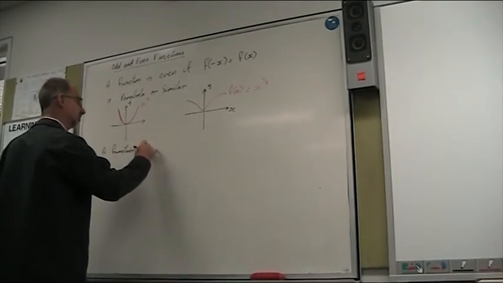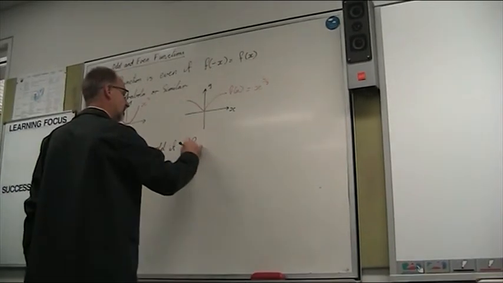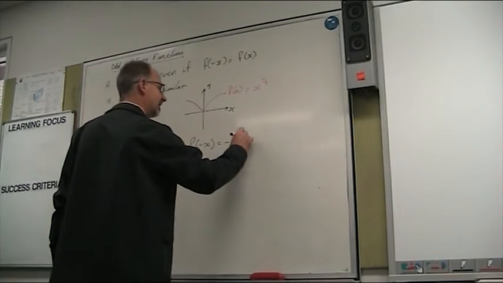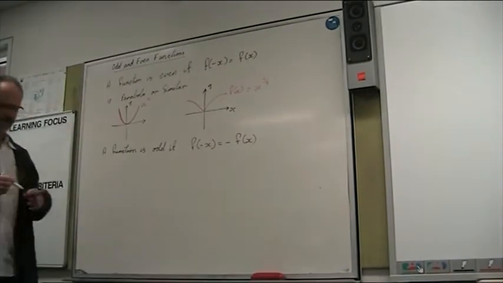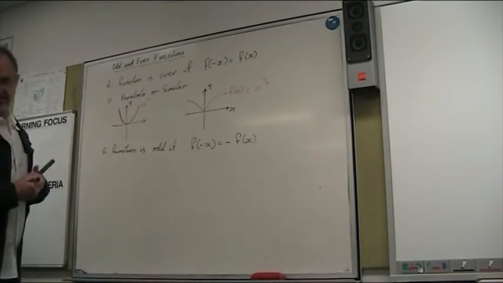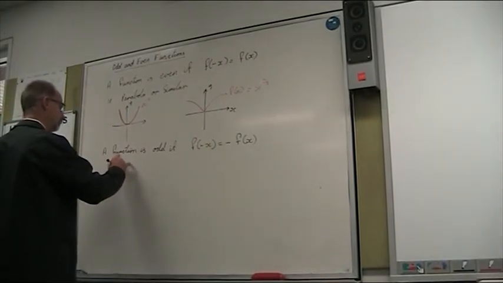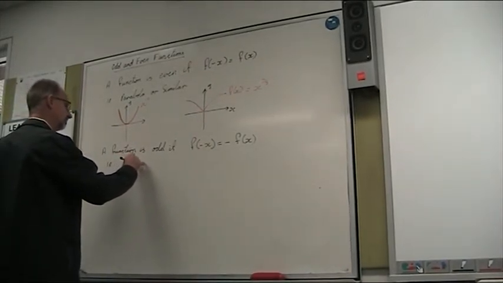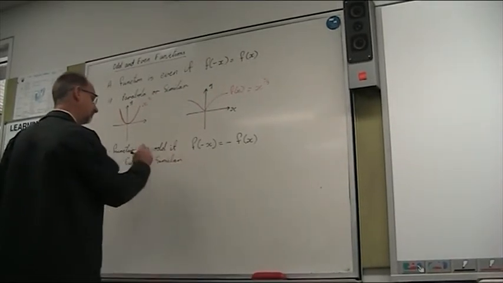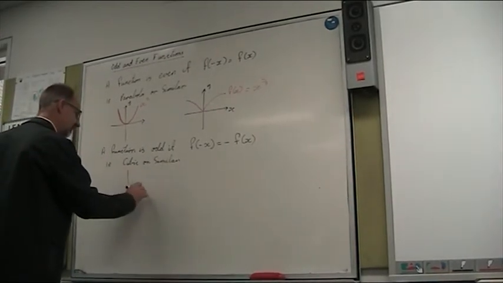So odd functions: when you stick the negative x's in, you get the same value but negative than if you just stick the positive x's in. So what do they look like? They'd be like cubics, things like that. Got a couple of examples.